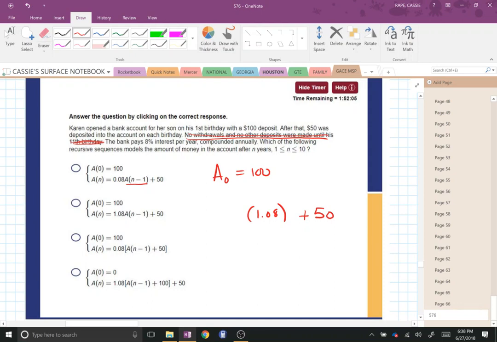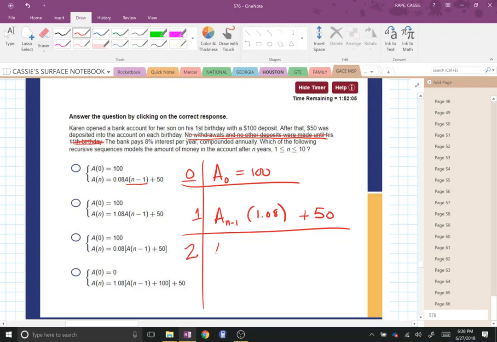If this is year 0, from beginning to end of year 0, this is year 1. Year 1 would be A sub n minus 1, so in other words, A sub 1 minus 1 is A sub 0. You're grabbing that amount from the previous year, which of course got multiplied by 1.08 and then adding 50. And that's how much he has at the end of year 1.